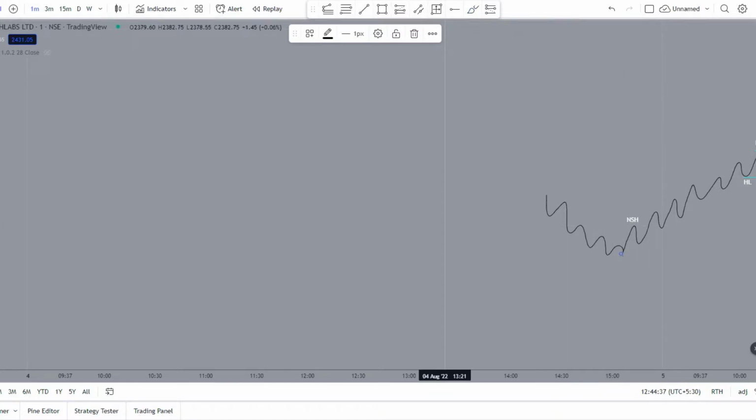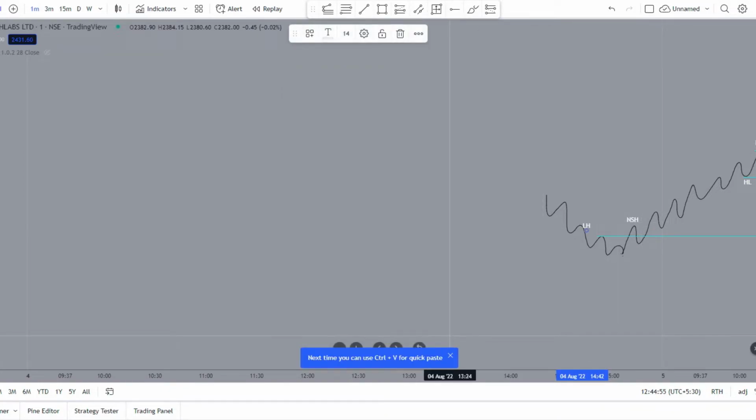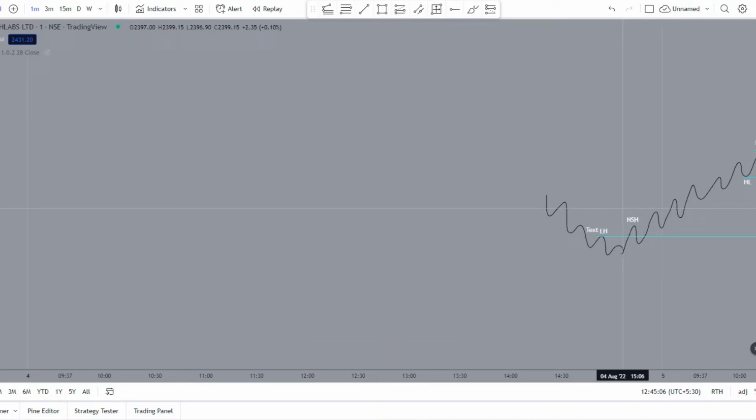And here we have broken this lower high, right? So this particular thing will be called a lower high in case of a downtrend. Since this lower high has been broken to the upside, this is the new structure high, the first high right after a downtrend. In the same way, this is a new low just after an uptrend has been violated.